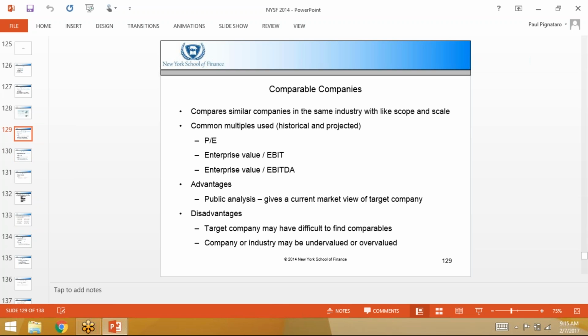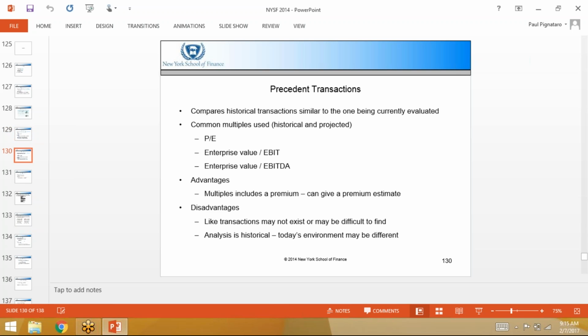Another method is precedent transactions. Precedent transactions is comparing the acquisition of the entire company and looking at acquisition multiples. So, now here's a whole lot. There are market multiples and there are acquisition multiples or purchase multiples.